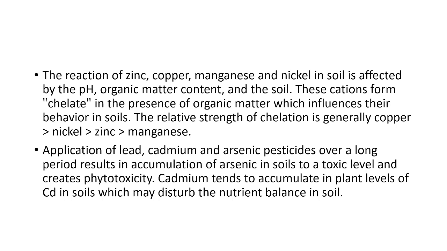So all these components are being affected by pH, organic content, and soil, because the cations are forming chelates in the presence of organic matter. What is chelation? It is a type of bonding of ions and molecules to metal ions.